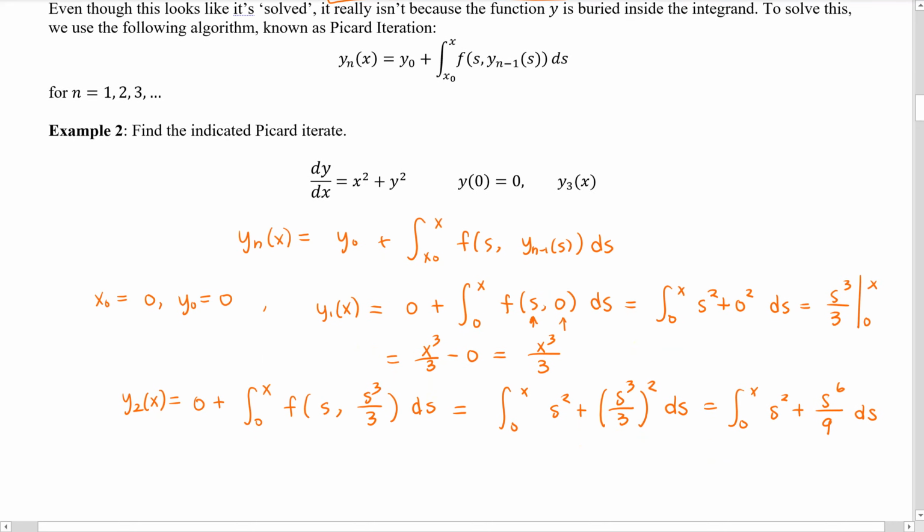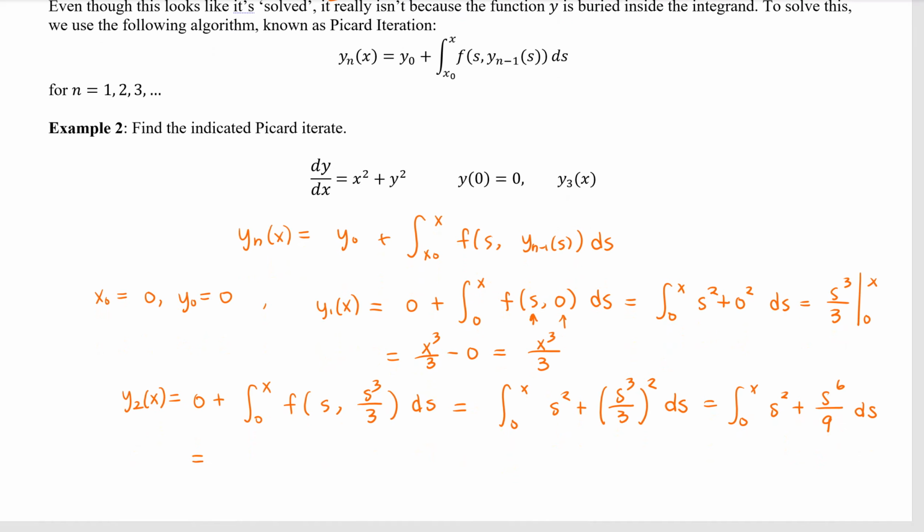So the answer becomes s cubed over 3 plus s to the 7 over 9 times 7, which is 63, evaluated from 0 to x. When we plug in x, we have x cubed over 3 plus x to the 7 over 63. So far, so good, everybody?